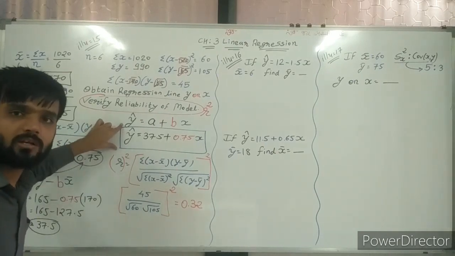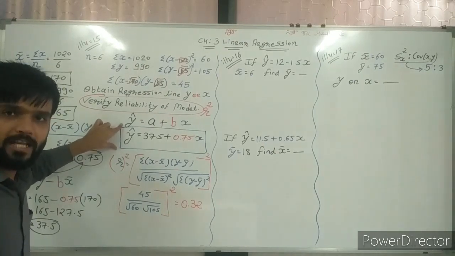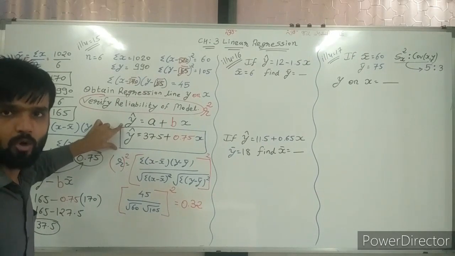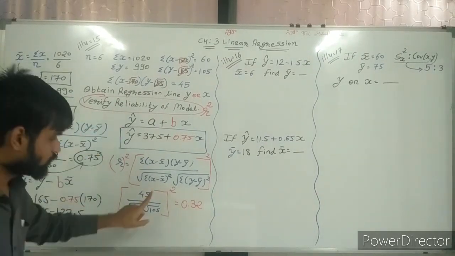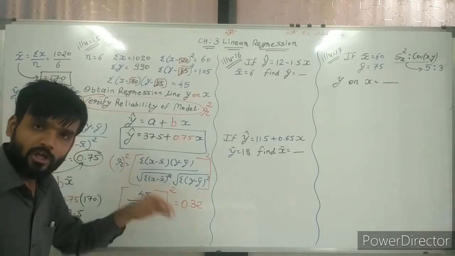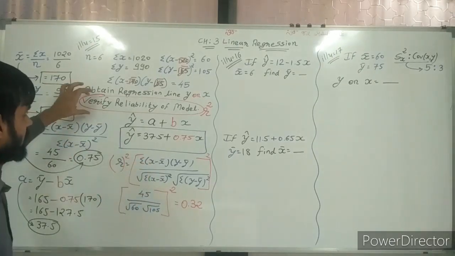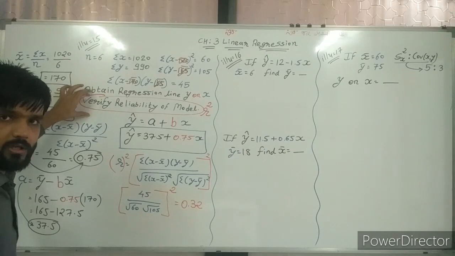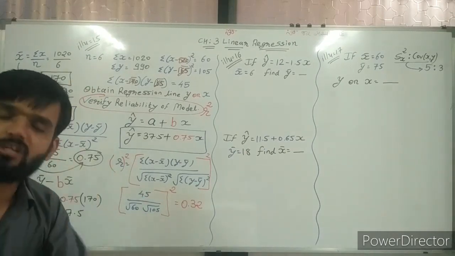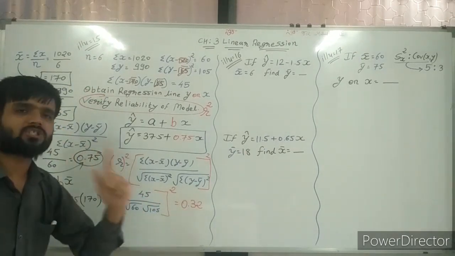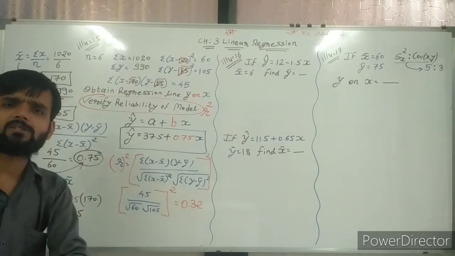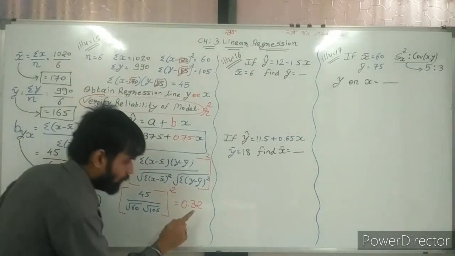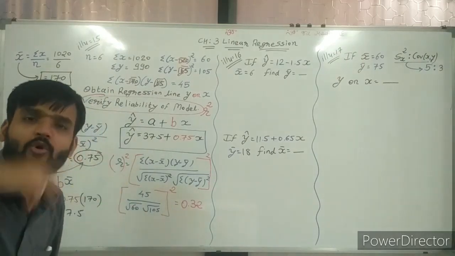That is my answer. So whenever you need to find reliability of the model, reliability of regression model, then you have to find R square. If the question asks to find coefficient of determination, then also you are finding R square. In both these situations, you are finding R square. And by R square, what can we know?